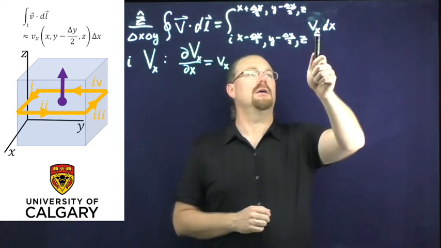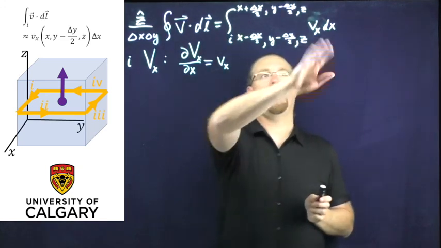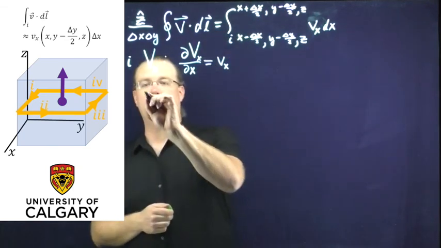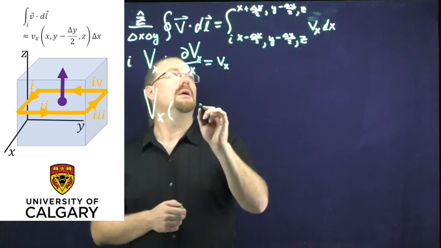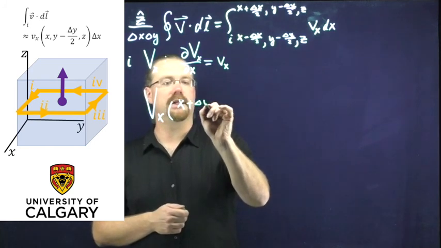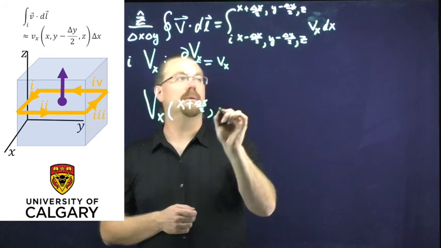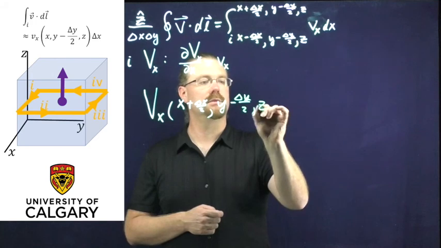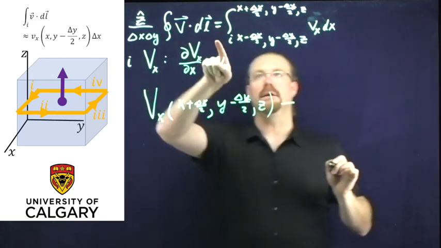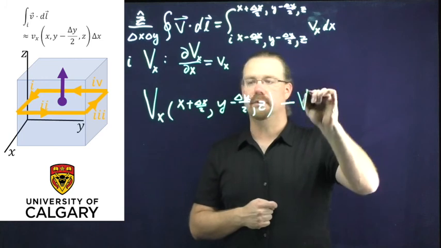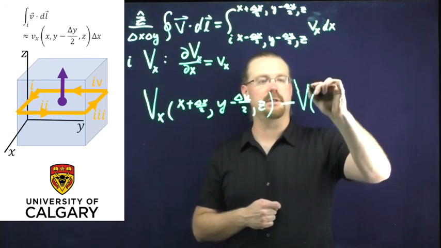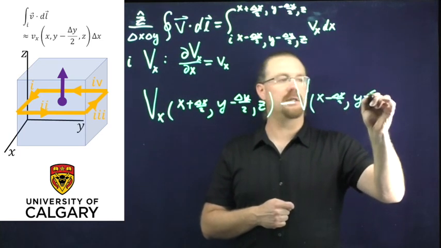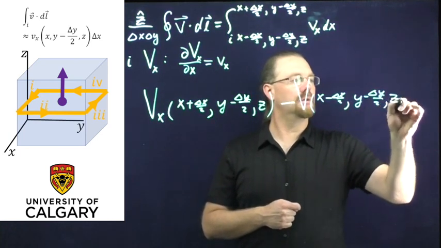So when we take our integral here, what we're going to have is capital V sub x evaluated at all of these points. So it's going to be capital V sub x evaluated at x plus delta x over 2, comma, y minus delta y over 2, comma, z, minus, at this point, that's our capital V again, x minus delta x over 2, y minus delta y over 2, z.